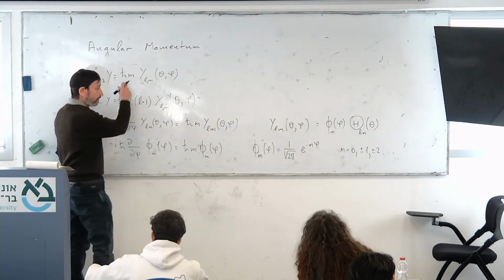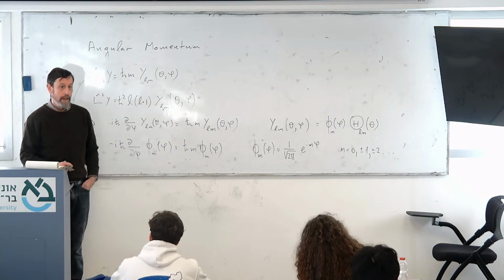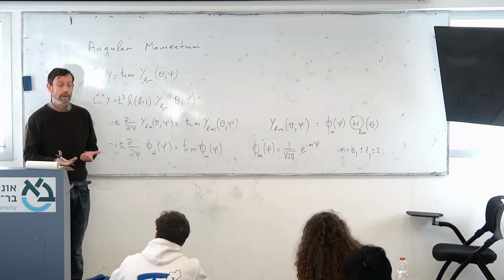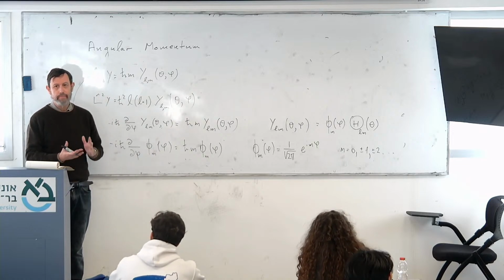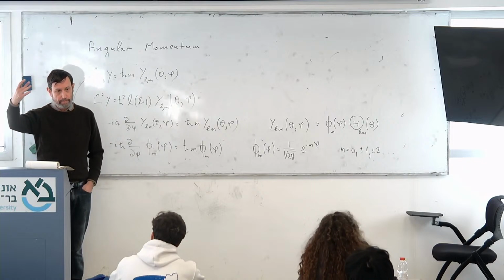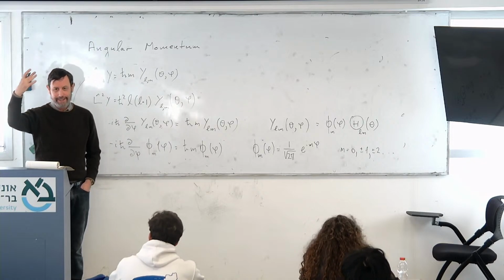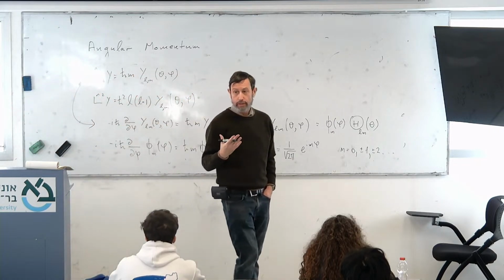Okay, so M is an integer, and the eigenvalues of components of the angular momentum are M times h bar. The good old guess of Bohr when he started the quantization of the hydrogen atom.